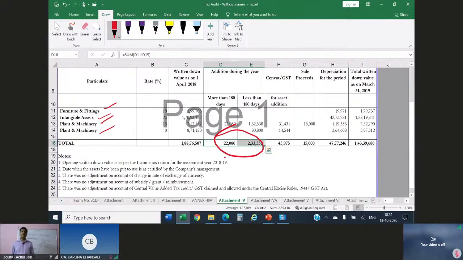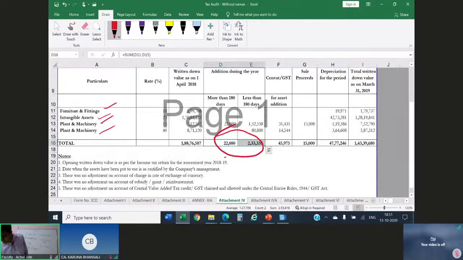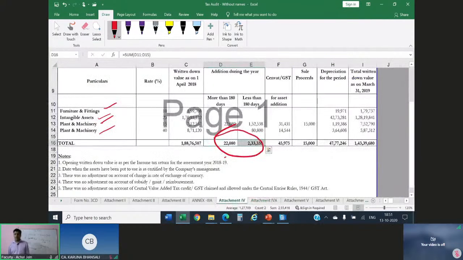Some of these categories could be different, but still on an overall basis, we have ensured that the total additions are matching. And if you look at the additions which have been reported in this second attachment, there again, additions are matching with the total number which is reported in this attachment number 4. Yeah, yes or no?